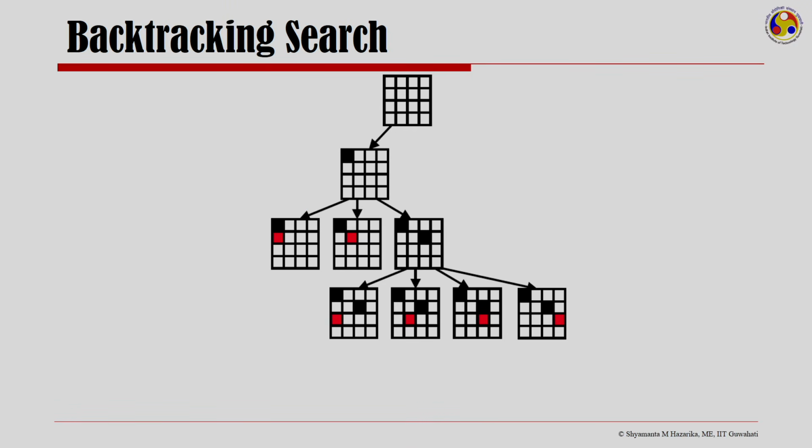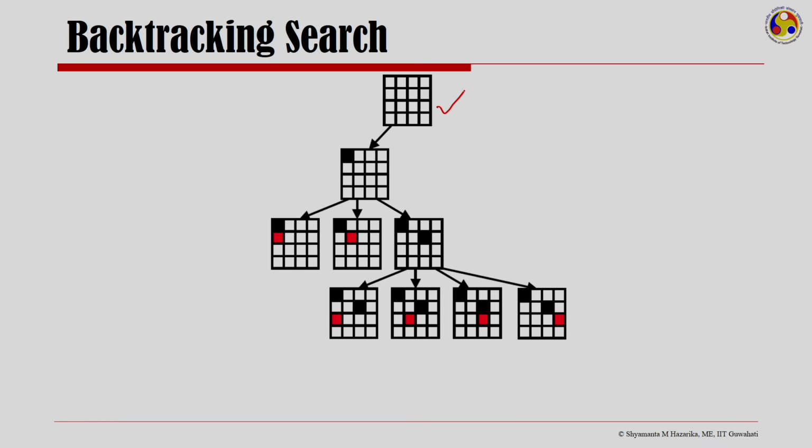So, let us look at our 4 queens problem and try to understand backtracking search. Here is the 4 cross 4 grid, and we start by placing our queen at this location. From the constraints that we have placed on ourselves, that no 2 queens should attack each other, we know that these are not legal positions for the second queen, but the third position on the second row is legal.